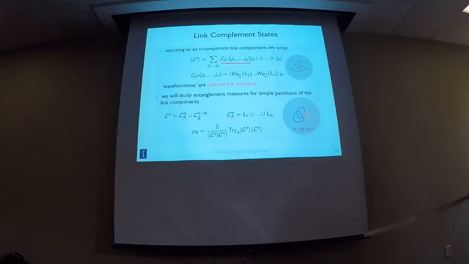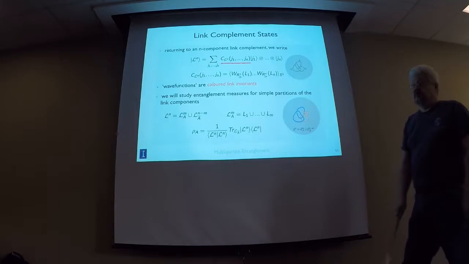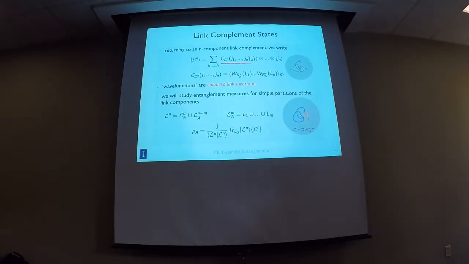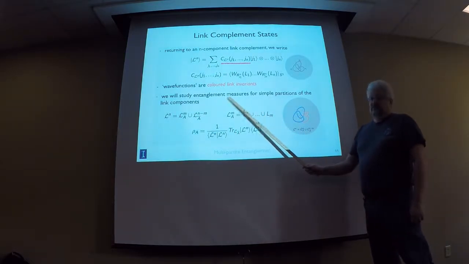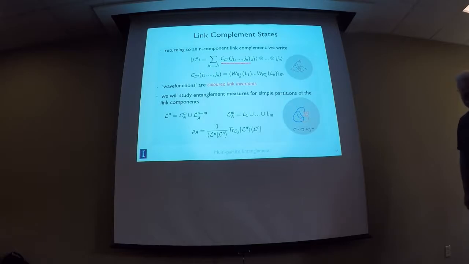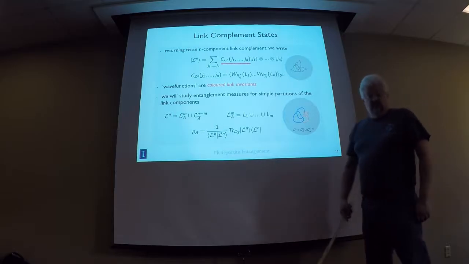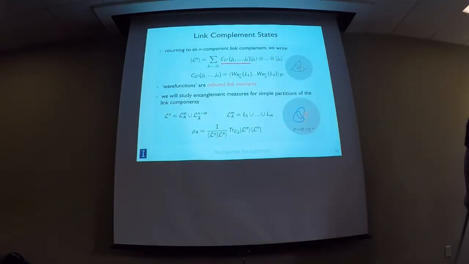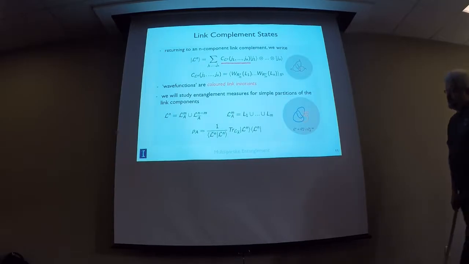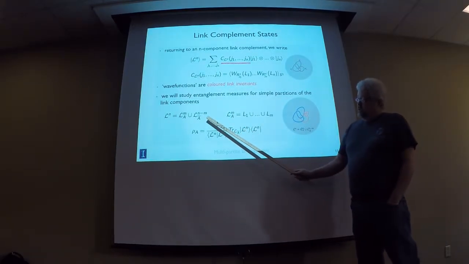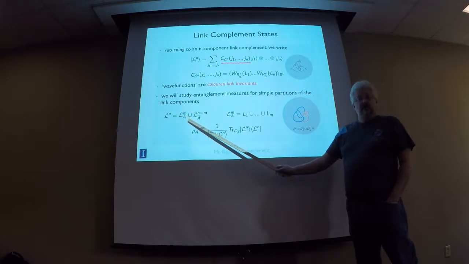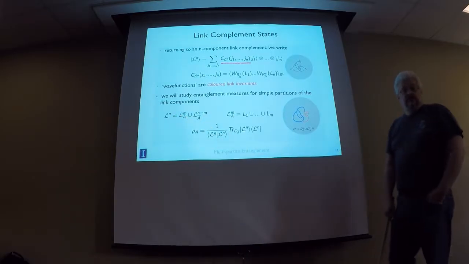All right, so if we knew what all of these things were, then we'd have a lot of information about states in material. Okay. So what I'm going to do is construct various entanglement measures given these states. Remember the basic idea of spatial entanglement was that you would construct a reduced density matrix by tracing over some subset of the space. And here I'm going to do something very simple, which is I'm just going to partition the link into the union of two sets.